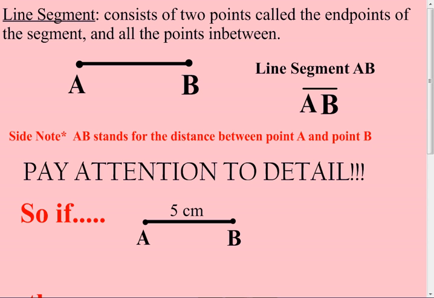Okay. Line segments consist of 2 points. These guys are finite. They don't go forever. It's part of a line. I like to write that, part of a line. And they have these points that are at the ends of the line segment, and those are called endpoints.